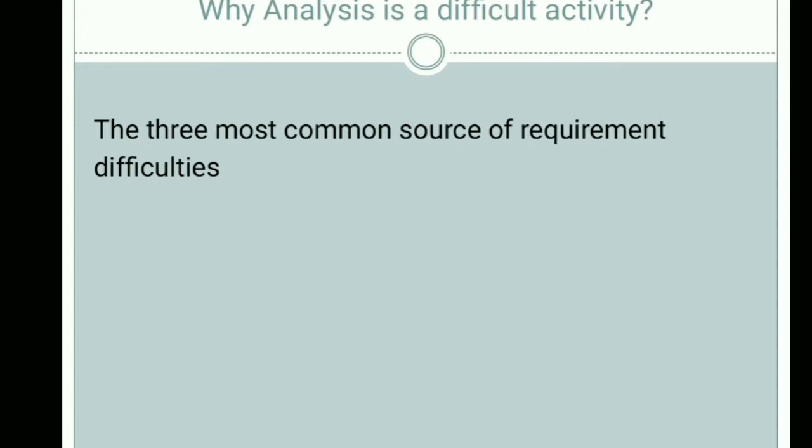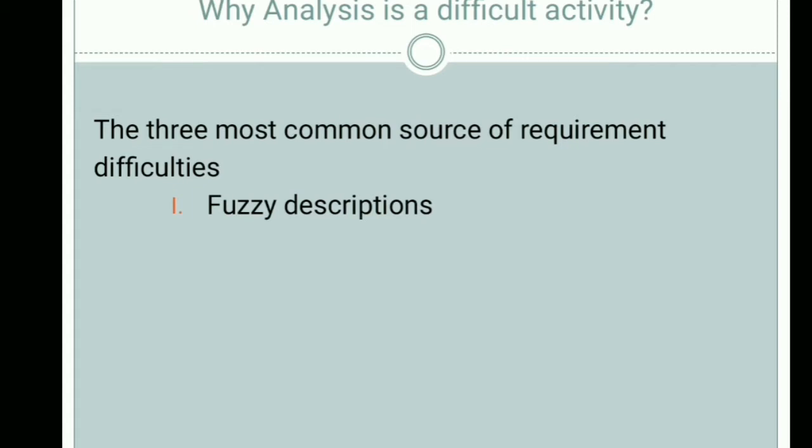It is said that analysis is a difficult activity because there are three major difficulties we usually face in the analysis phase. The first is a fuzzy description. At the start, the user or customer is confused, so he is unable to state requirements clearly.